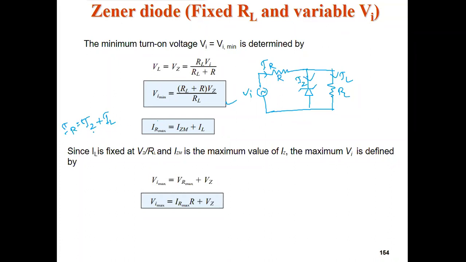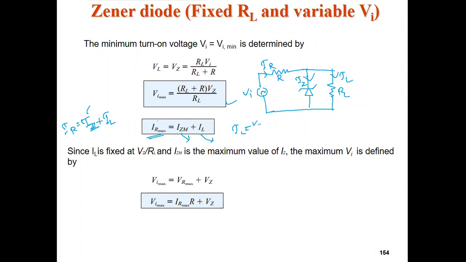Obviously IR max will be equal to the maximum of IZ plus the maximum of IL. The maximum of IZ is equal to IZM, and the maximum of IL will be equal to that IL only.